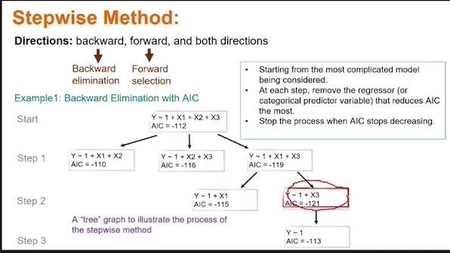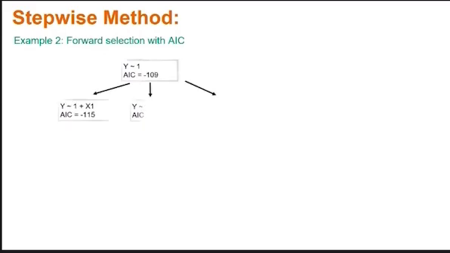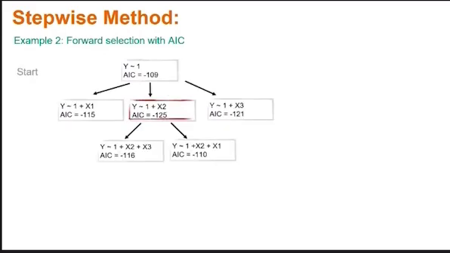The AIC is negative 121 for that, but here the AIC is negative 125. Definitely, forward selection found the best model, because the best model by AIC should be X2. Can you see that? So that is what I'm talking about.